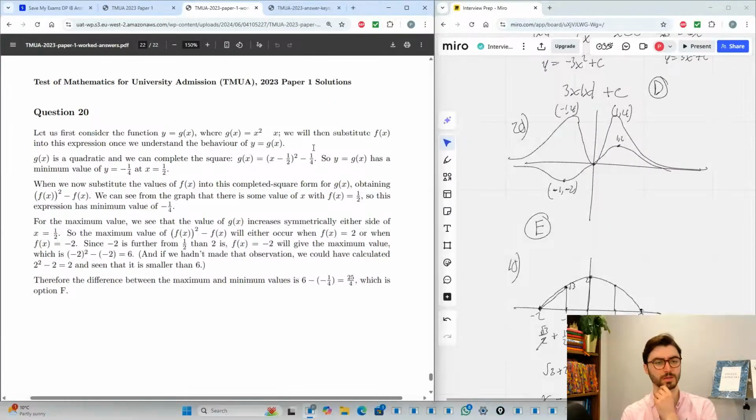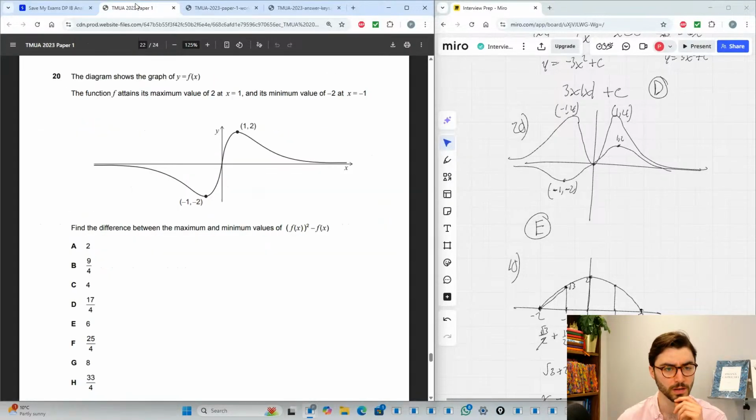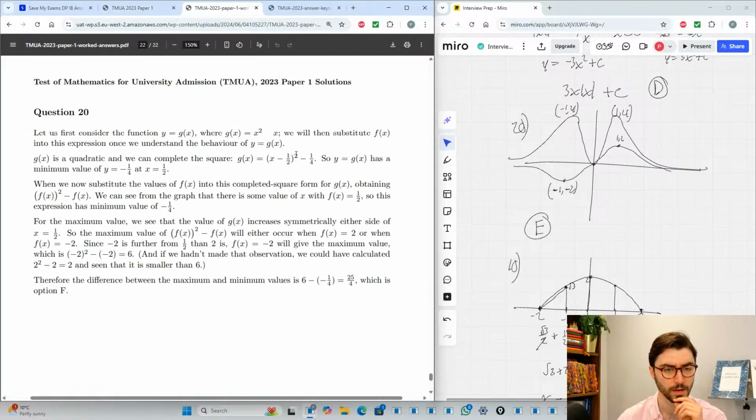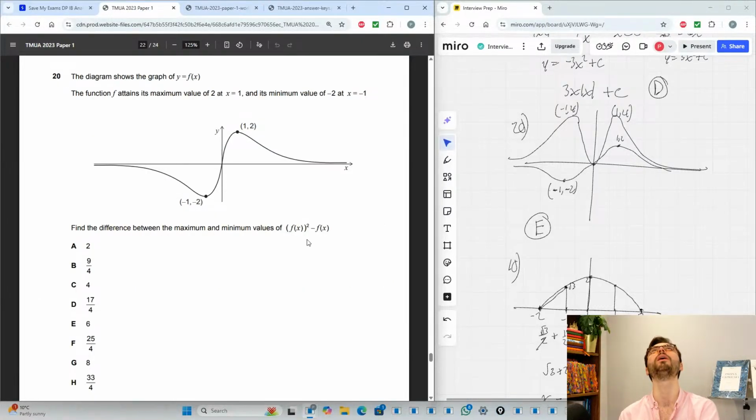We will then substitute f of x into this expression once we understand the behavior of y equals g of x. I'm assuming that means x squared minus 1. Okay, I see where I went wrong.